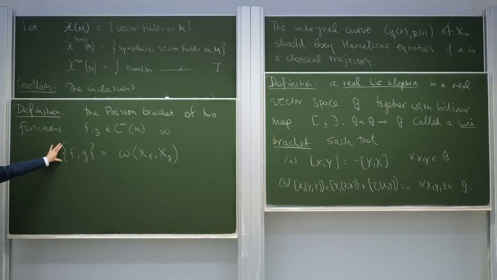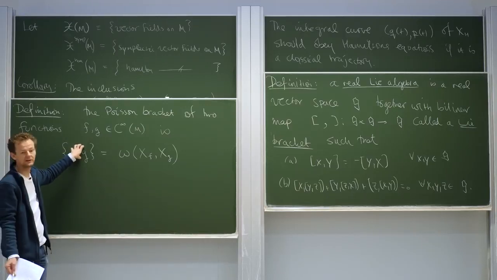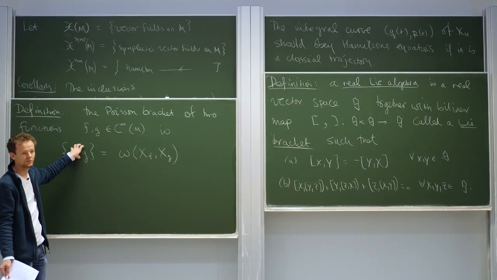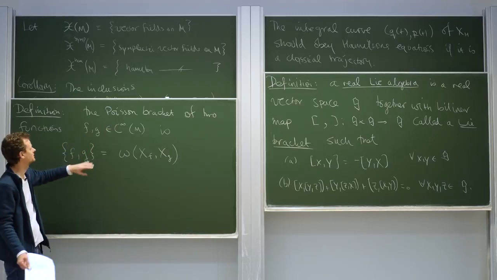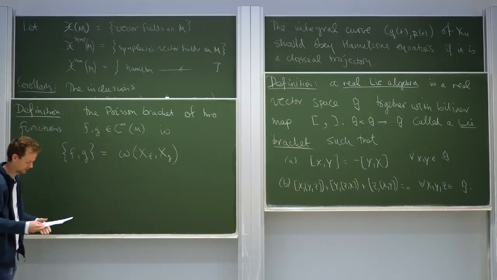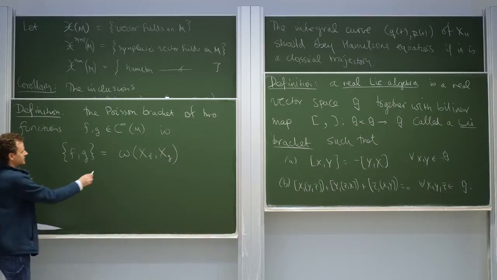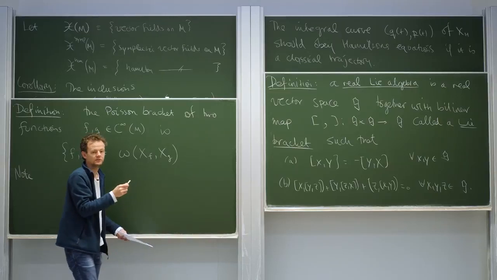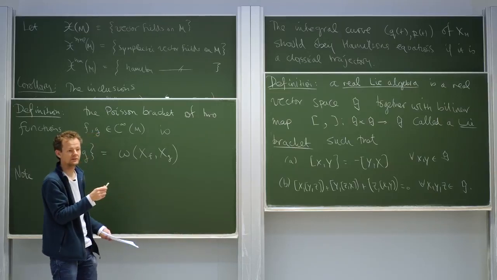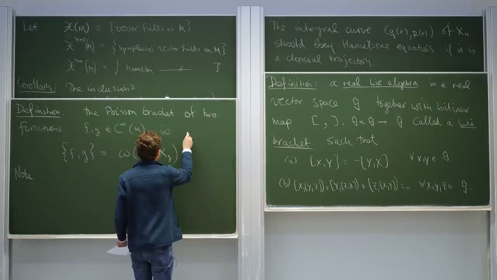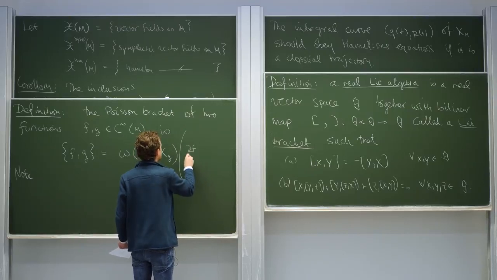It's only a good idea if it generalizes the Poisson bracket. So if we apply this to the setting of Hamilton mechanics, does it look the same as classical mechanics when we write this out in coordinates? And of course it does, right? This isn't useless formalism. If we write this operation out in coordinates, you'll see that you get the standard Poisson bracket that you know from classical mechanics.